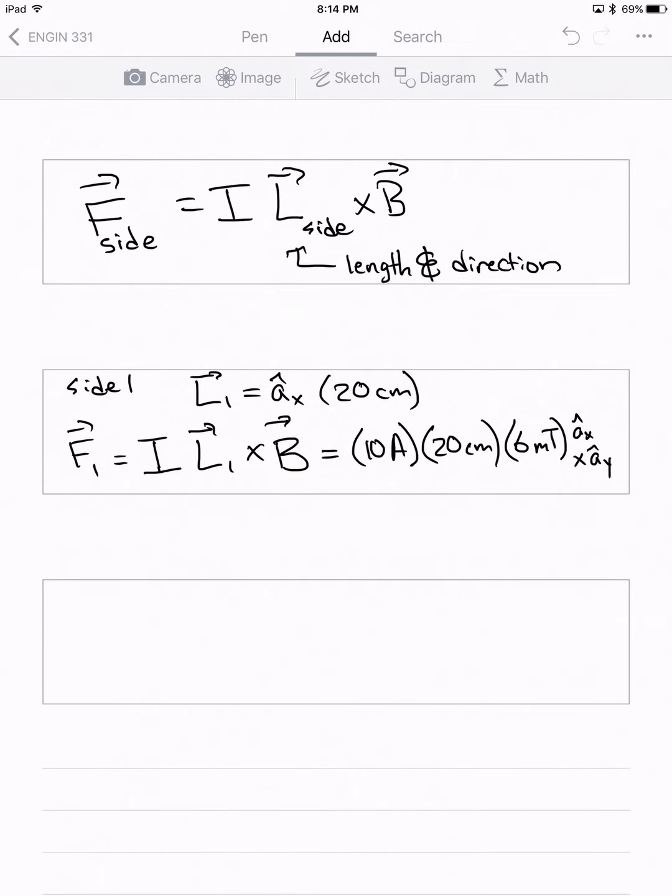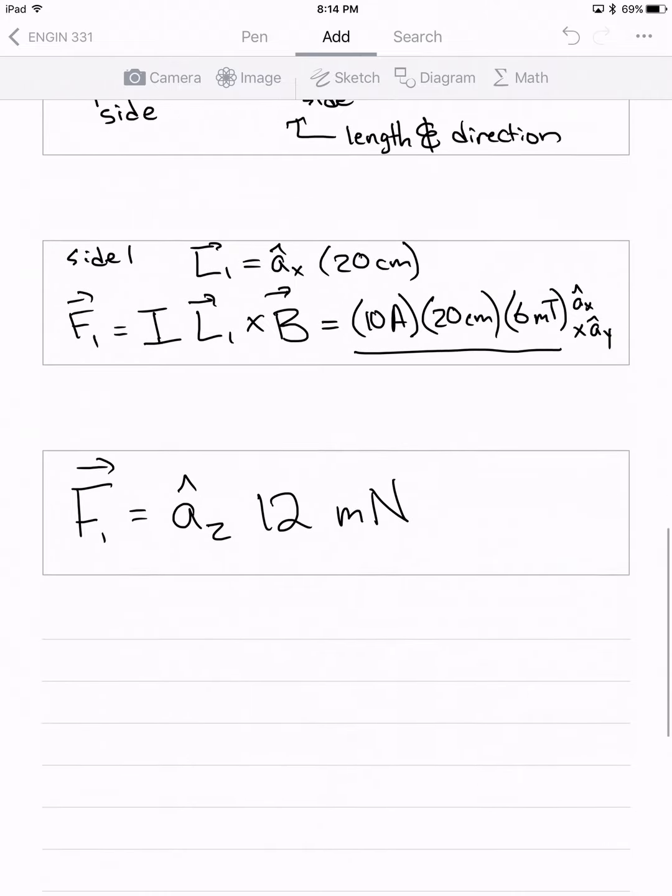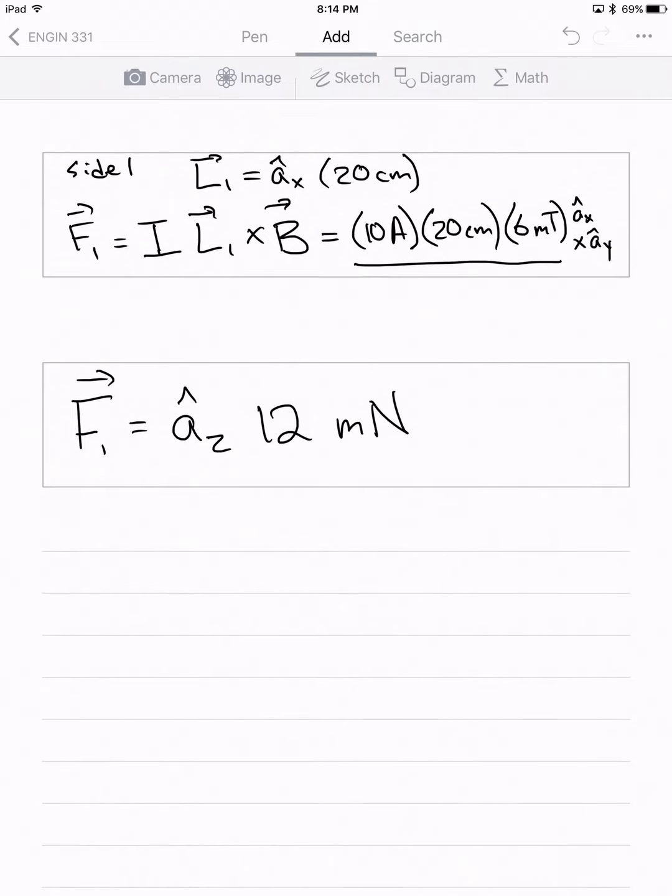And a hat x cross a hat y just gives us the z-directed unit vector, a hat z. So then multiplying out all of these units, we get F1 is equal to a hat z 12 millinewtons.